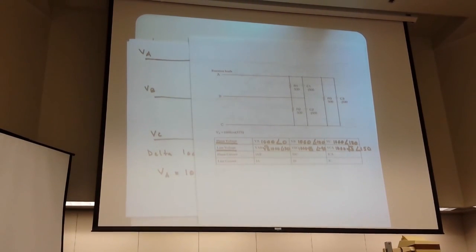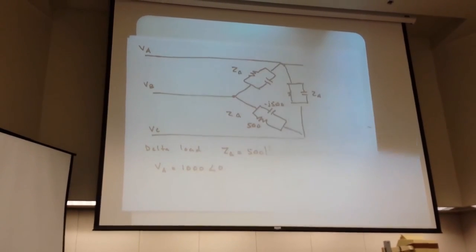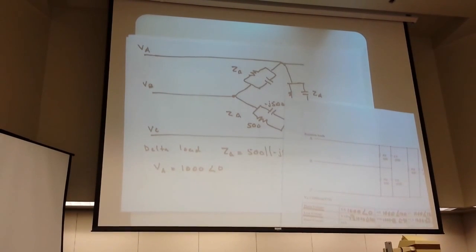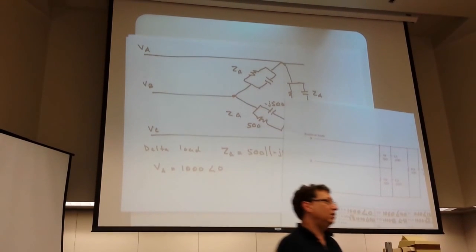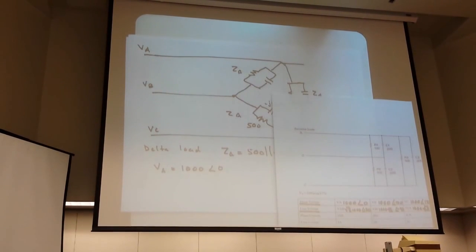So which one of these do we want to use to find the current? We want to use the line voltage because that gives us the branch current. The line voltage and the branch current go together in the delta configuration on the load. And likewise, the phase voltage and the line current go together in a Y configuration on a load.